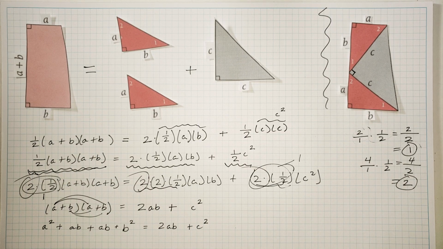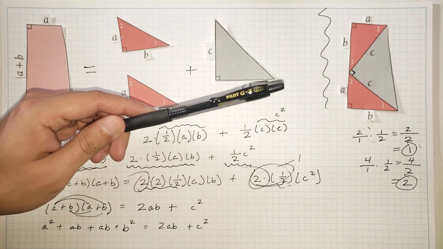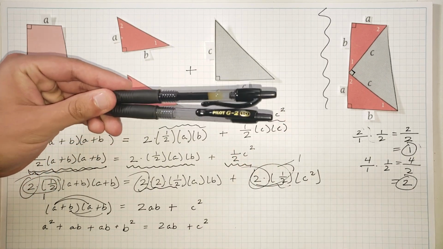All right, so hopefully you guys are starting to see something that we're going to be able to do soon. What's one of these ABs? Imagine this pen is an AB. What's one AB plus another AB? It's 2 ABs.